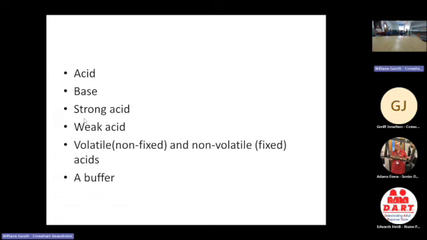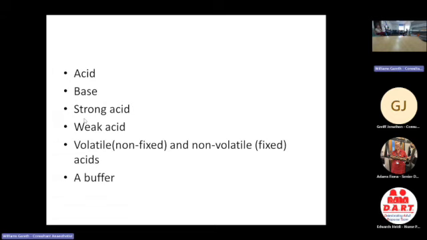Just a bit of other terminology. People talk about volatile or non-fixed acids, and they are acids that are controlled or generated by CO2 and lung control of CO2, so basically carbonic acid. The non-volatile acids are either organic or inorganic. Organic examples would be lactate, keto bodies. Inorganic things like phosphate and sulfates.